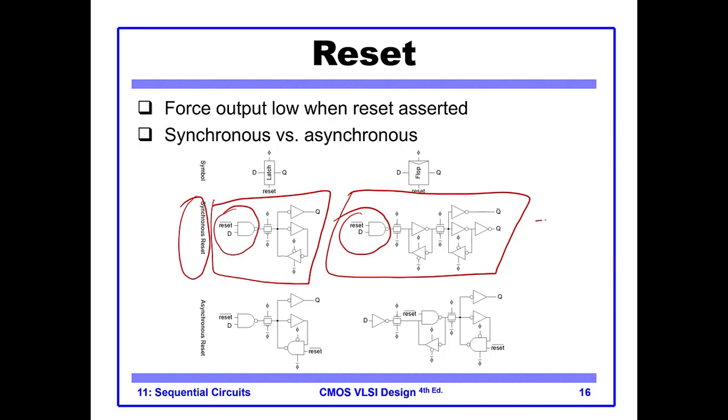So for example, let's say this is our reset signal, and here is our clock. Positive edge, and let's say this is our output. If it is synchronous, let's say QS means synchronous, then the output would stay at, let's say, 1.